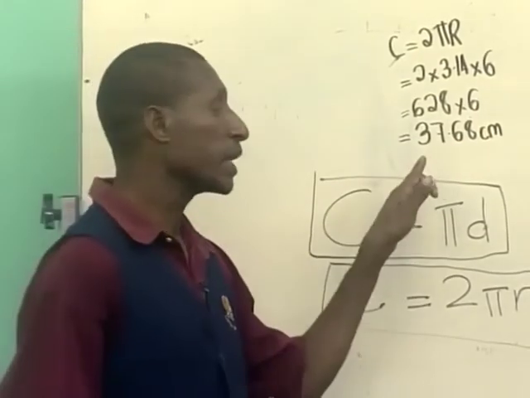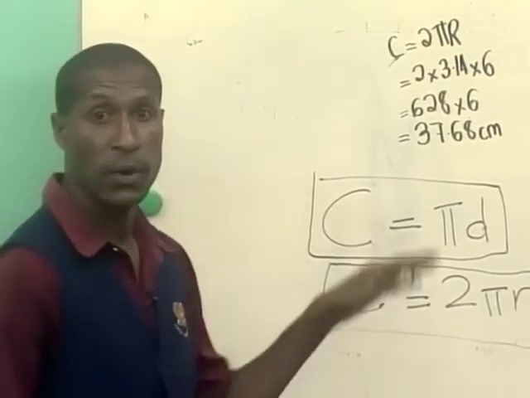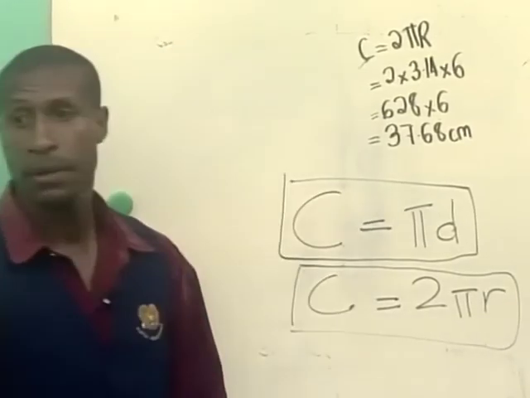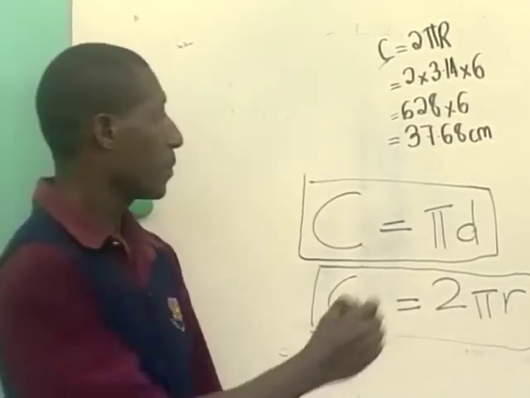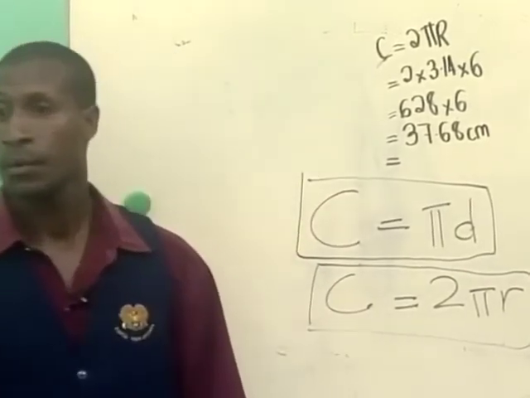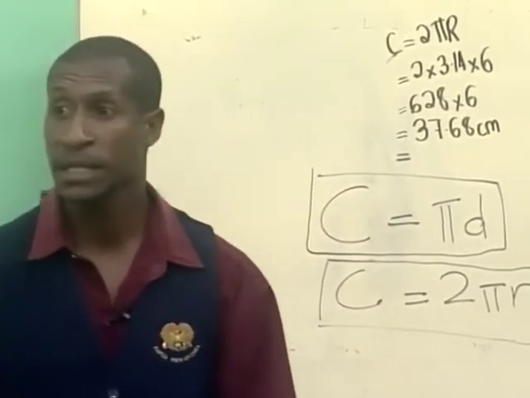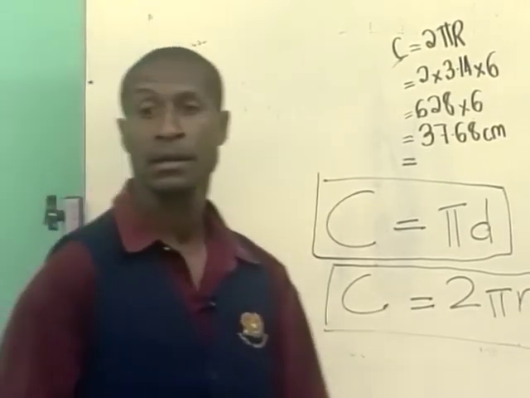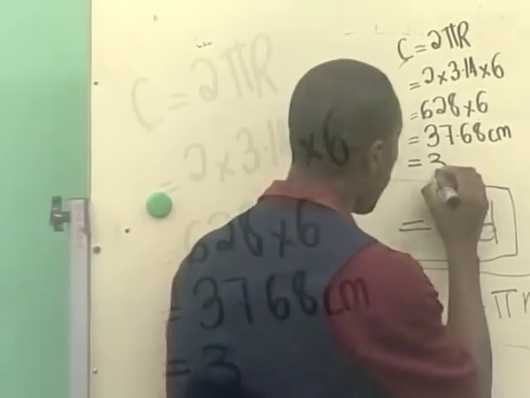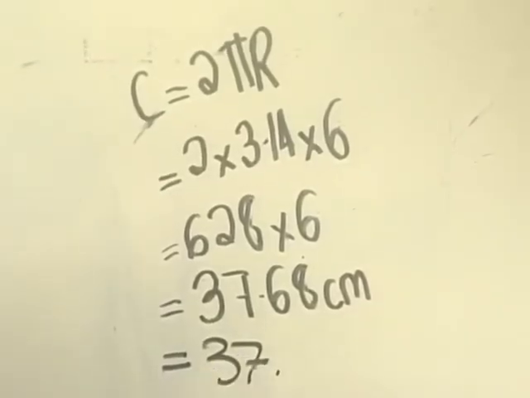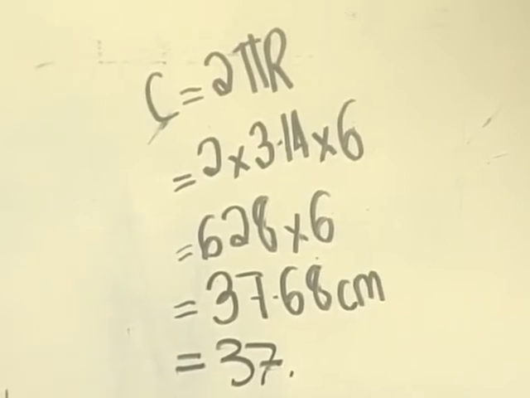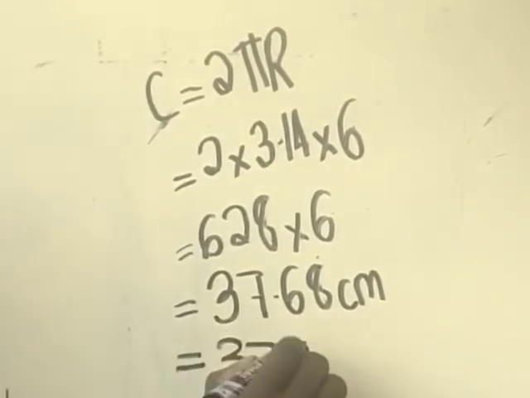So, what is this answer correct to one decimal place? 37 point? 37.7.